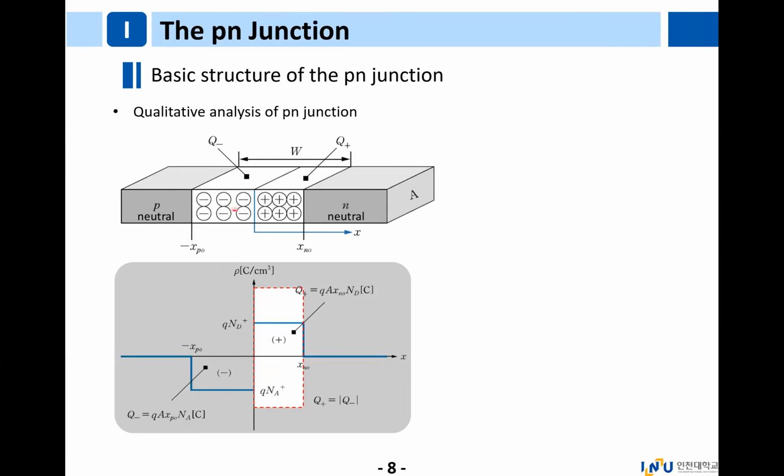Similarly, in the P-type region, due to acceptor ions, a charge density of minus e N_A will be present. In summary, in the p-n junction, the regions on either side are neutral, but in the junction region, non-neutral states exist and the charge density can be inferred accordingly from this graph.